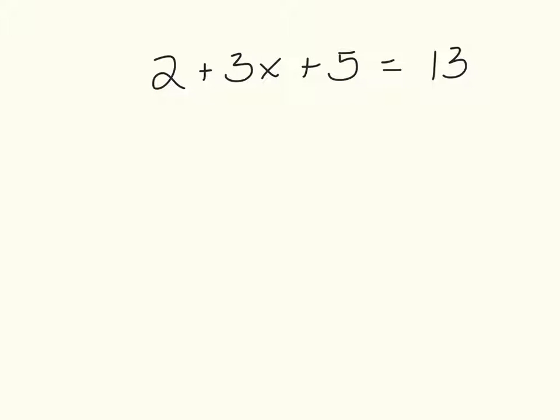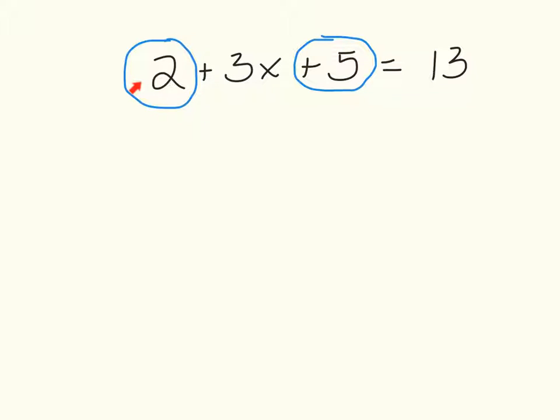What I like to do is circle the like terms that I'm about to combine. So I've got 2, and I've got this positive 5. Did you notice that the positive 5 has more information in it than just the 2? With positive 5, I know that it's a positive value. With this 2, it's ambiguous. Is it a positive 2 or a negative 2? There's nothing written in front of the 2 to tell me.